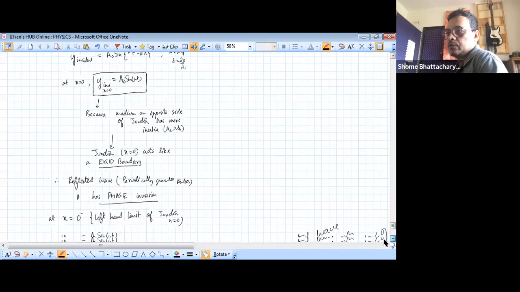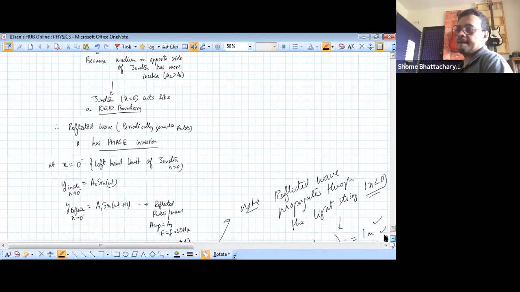So just take a look at all these points first. Then we'll come to the transmitted wave also. So far, based on the equation of the incident wave, we have written an equation for the reflected wave, where we don't know the amplitude of the reflected wave, but we know the phase and we know the frequency and the wavelength.